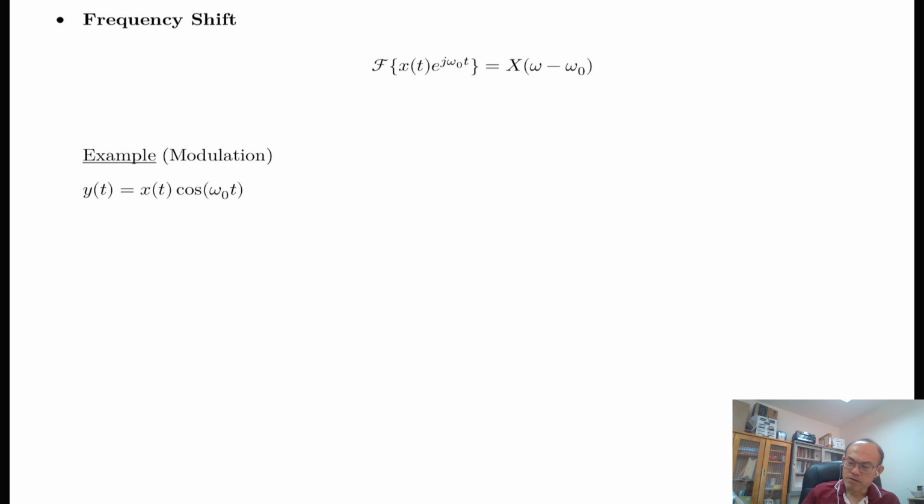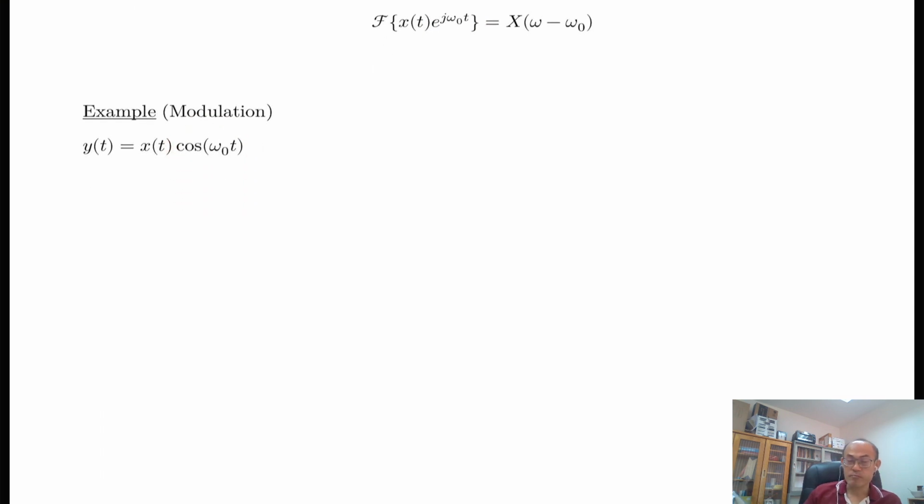The problem about this property is that in practice, we don't have complex exponential signals because this one is a complex valued signal. But in practice, we only have cosine and sine signals, sinusoidal signals. So basically, the complex exponential is essentially a sinusoidal signal in practice.